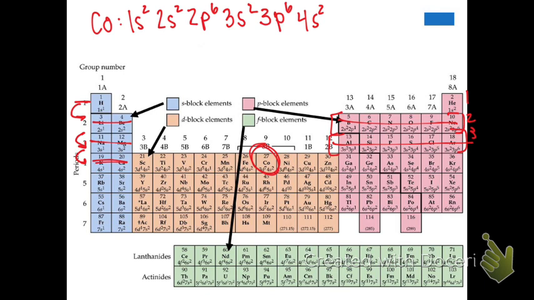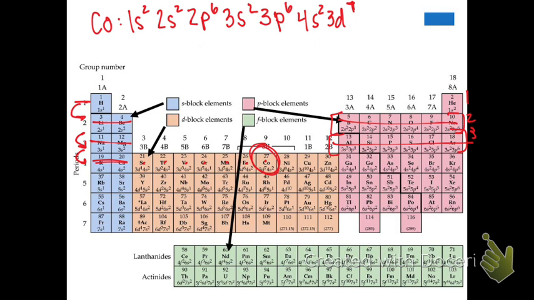You would think this is 4d, but really the d orbitals are shifted, so they should be up 1. So this is 3d, right? So the d orbitals start with 3, not 4. So this is 3d, and then we just count. 1, 2, 3, 4, 5, 6, 7. 3d7. And that's our final configuration for cobalt.